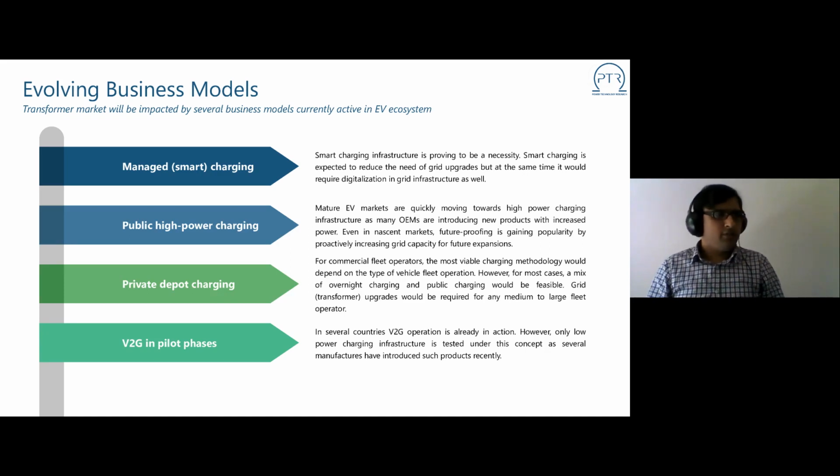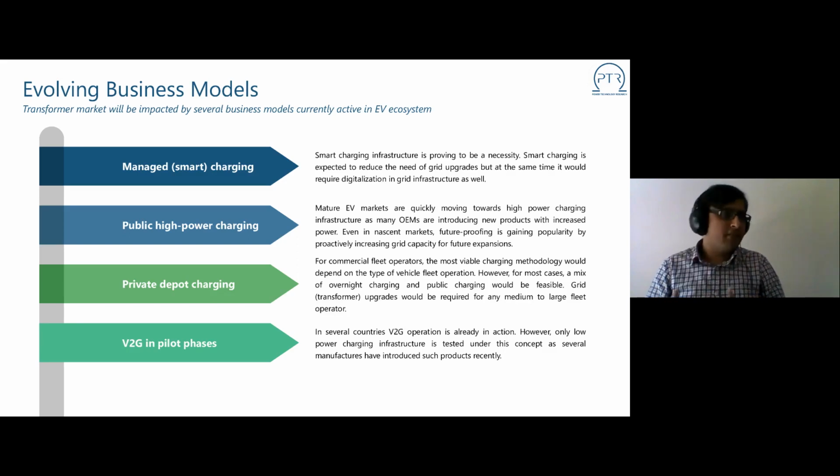Private depot charging for commercial fleet operators, as we discussed earlier, the most viable method is going to be a combination of both overnight charging and public charging. And for overnight charging, a depot setting where multiple charging points are installed to charge the complete fleet.